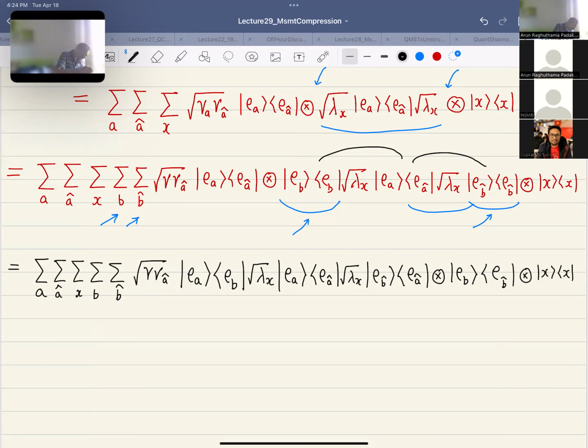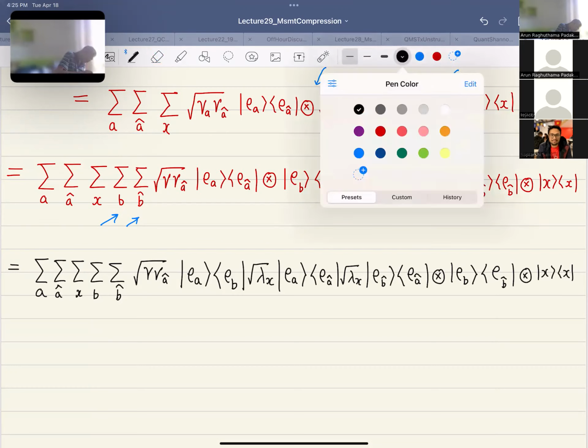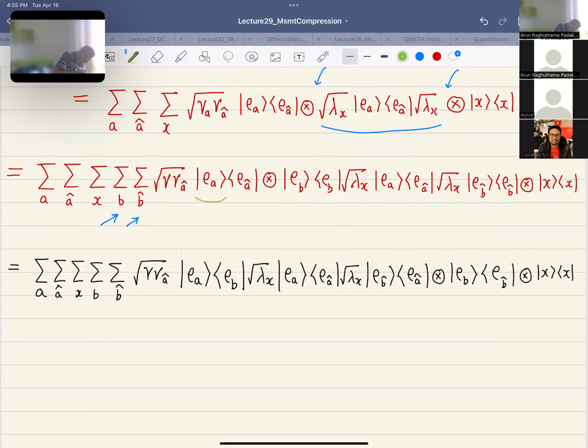Okay, so let me explain this step. What I've done, I'm going to erase these. So I will identify the parts and you will get it. So this is as is here. This is as is here. This is as is here. And this is as is here.